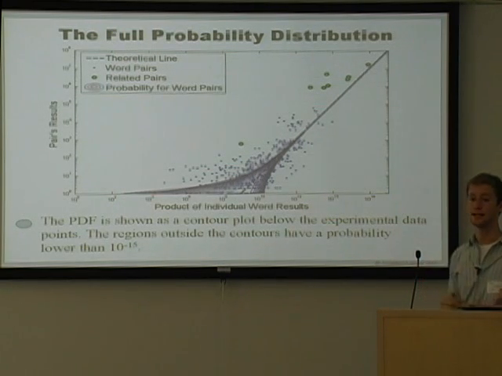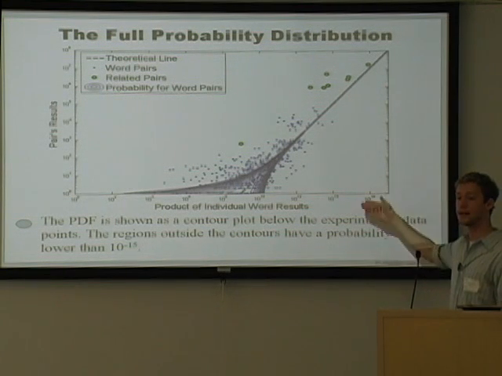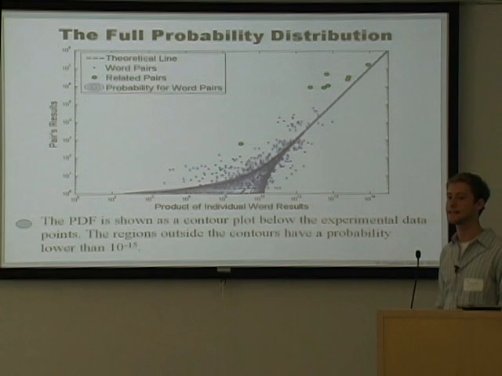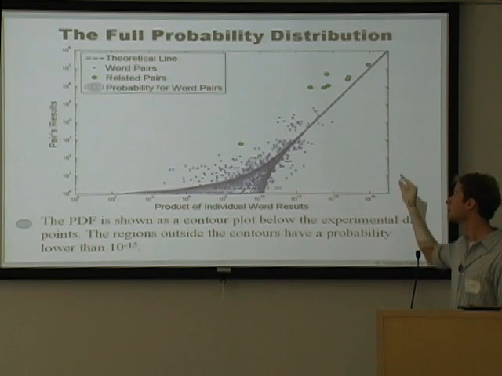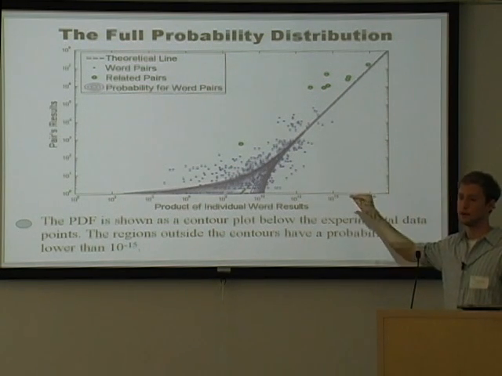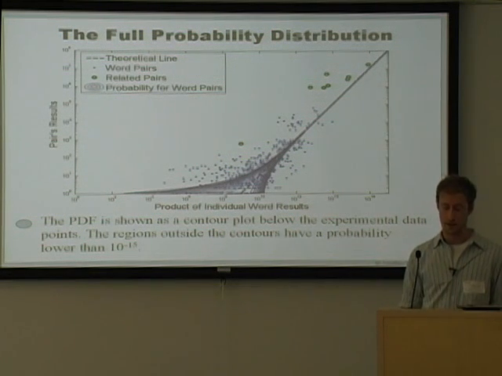But actually, it doesn't explain it entirely because the area that's white has a probability less than 10 to the minus 15. And in fact, that means that there's a really high probability of it lying within that spread, whereas the points, as we can see, are not all in the spread. They're kind of still spread out.